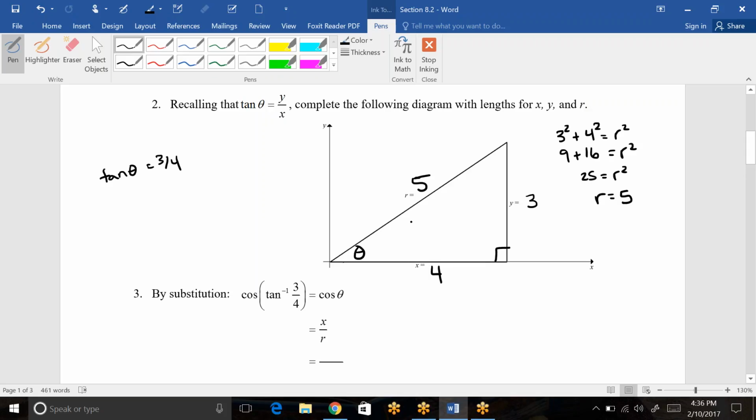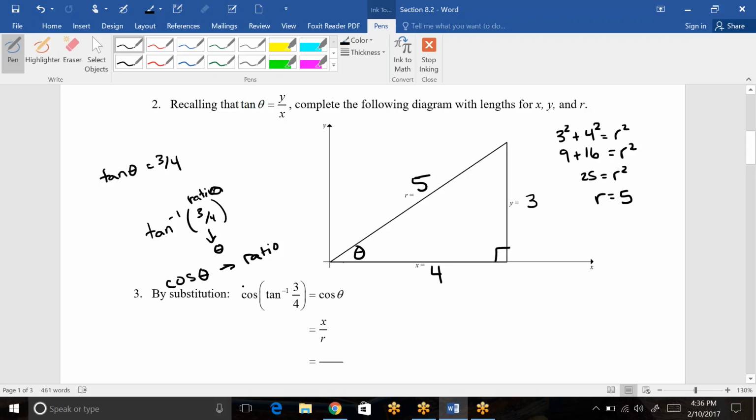What we want to know, because remember what I said last video, is that when you're dealing with these problems, if you had tan inverse of 3/4, the ratio 3/4 maps to a theta, and then cosine of theta is going to map to a ratio. So you have a ratio on the inside function, you map it to the theta, especially since this was an inverse.